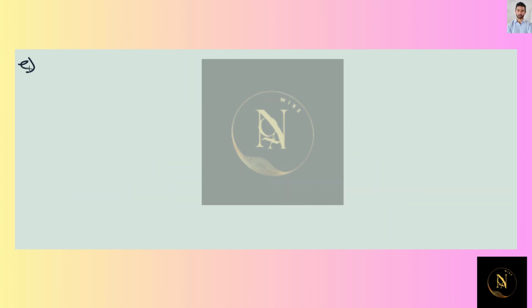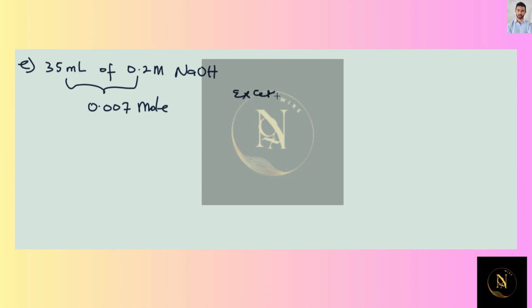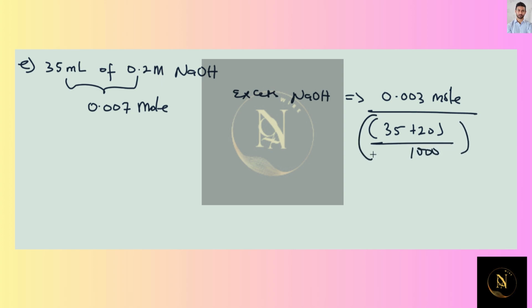So the last one is 35 ml of 0.2 molar NaOH. So the pH here, first we need to calculate the number of moles, and that's 0.007 mole. And we're going to have an excess of NaOH, of course, by 0.003 mole, because we have 0.004 mole of the HBr. So divided by the total volume, 35 plus 20 divided by 1000, will give us the concentration.